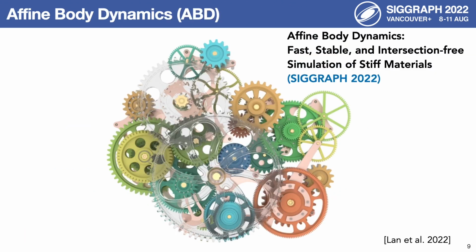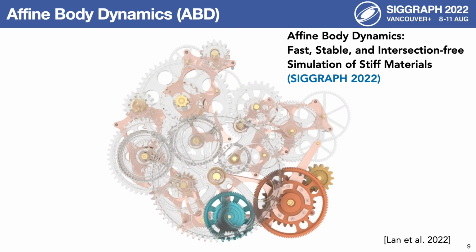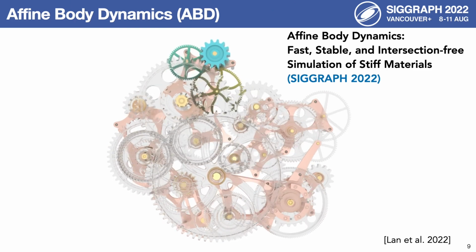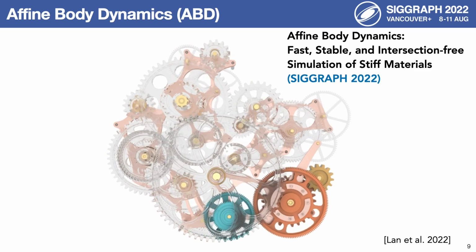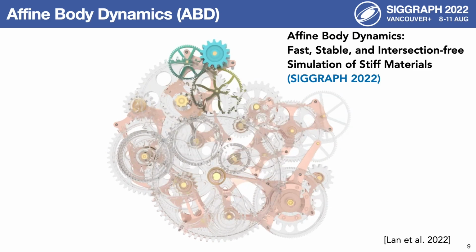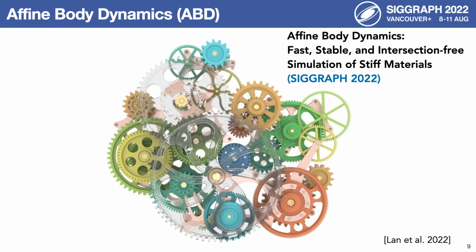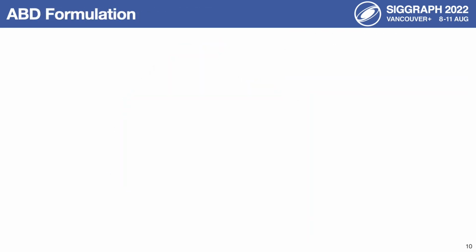More recently, Affine Body Dynamics (ABD) was introduced to incorporate rigid objects into the IPC framework. ABD inherited robust and accurate contact handling from IPC and significantly reduced the global degrees of freedom for linear solving to achieve faster performance. The basic idea behind ABD is to embed the whole body into a single linear finite element.